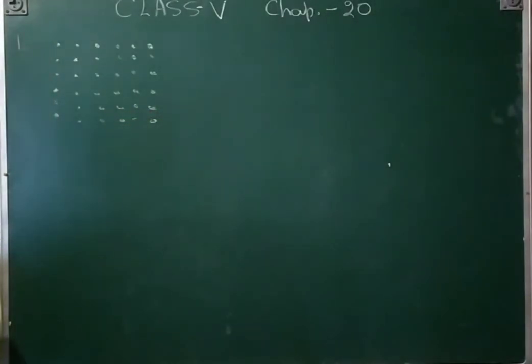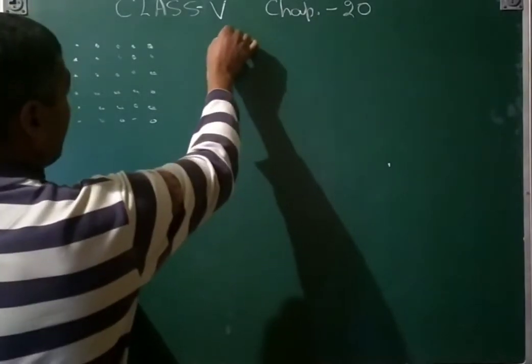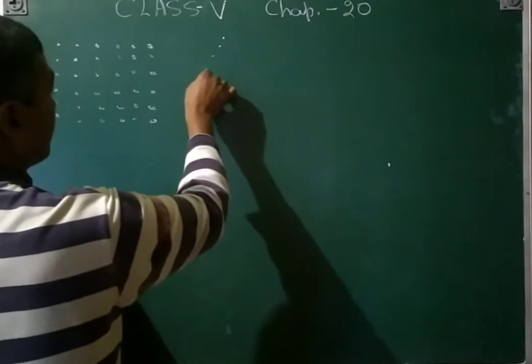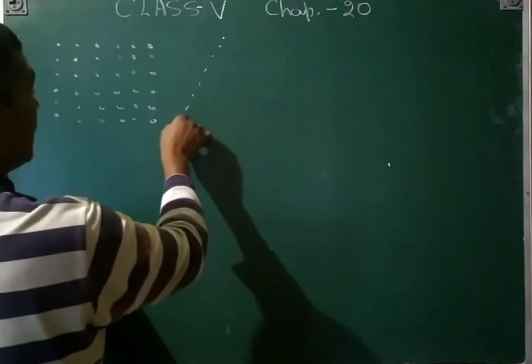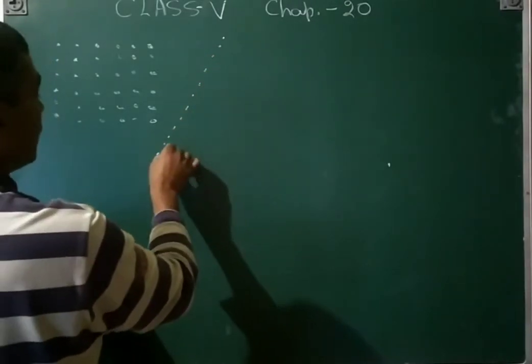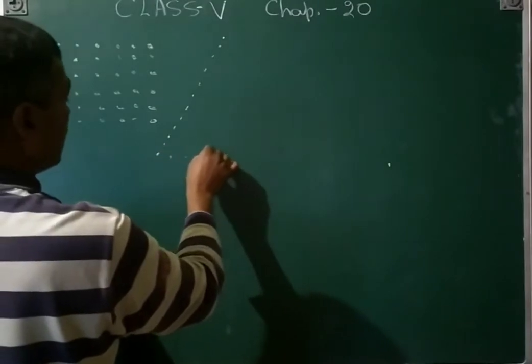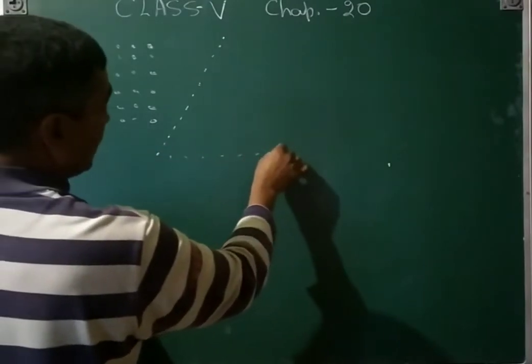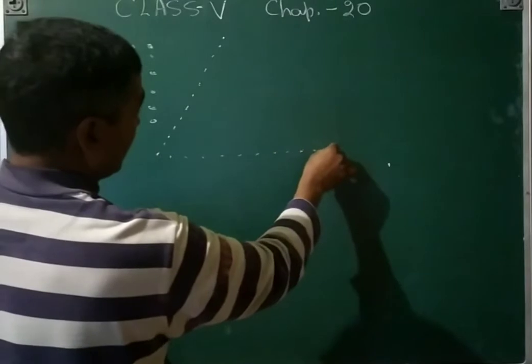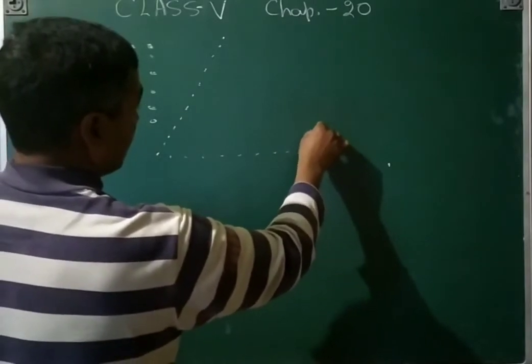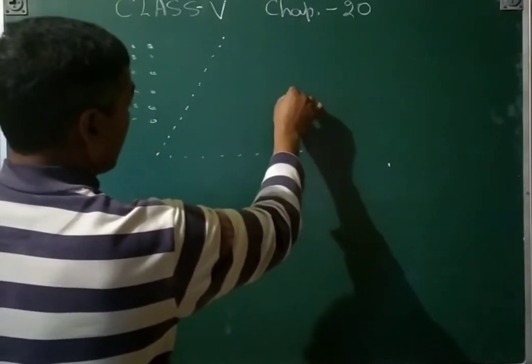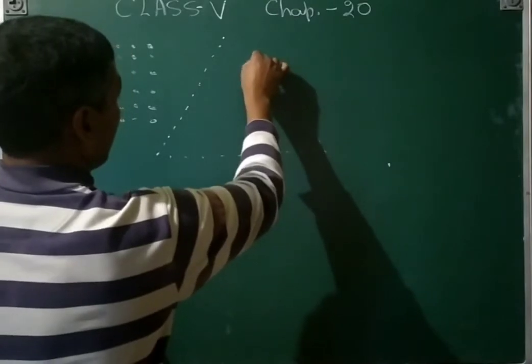And then the triangle. So 12 dots, 1, 2, 3, 4, 5, 6, 7, 8, 9, 10, 11, 12, three times.